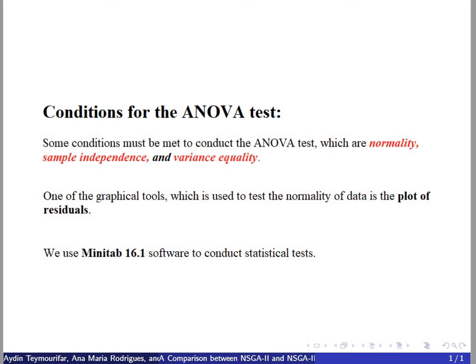These conditions are normality, sample independence, and variance equality. One of the graphical tools which is used to test the normality of data is the plot of residuals. We use Minitab software to conduct statistical tests.